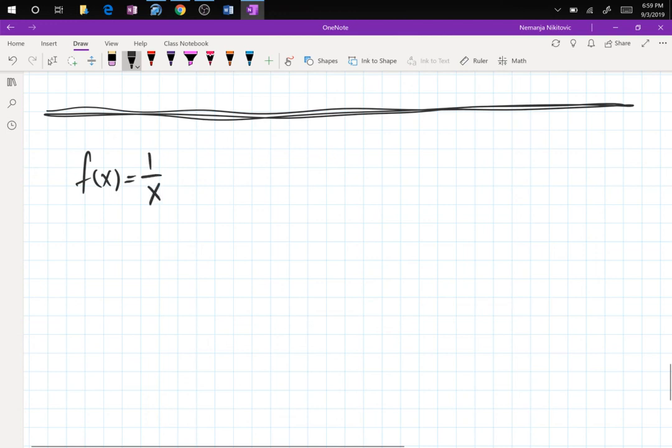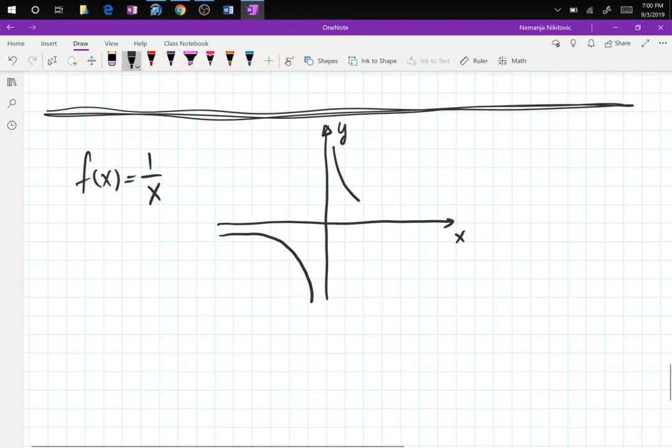Well, this function is all over the place, and the sooner you memorize its graph, the better your life will be. And here are the x and y axes. It has these two parts like this. That's your 1 over x function.